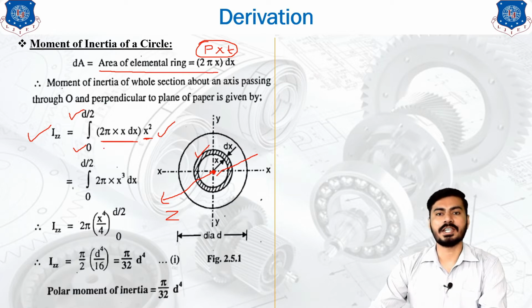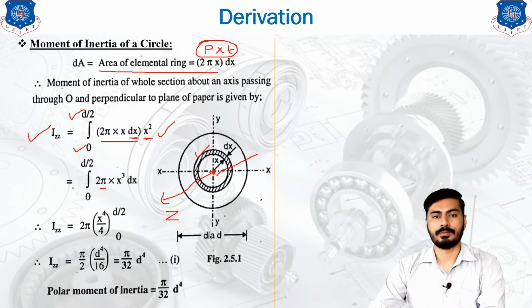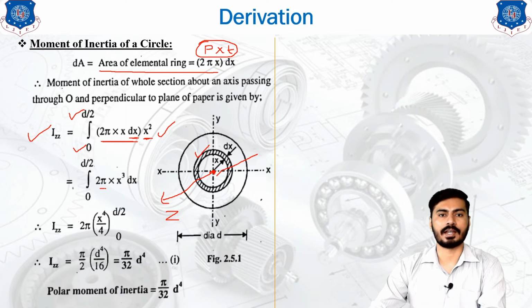Now identify the variable and the constants so that you can carry out the integration easily. As we can see dx over here, our variable is x and 2 pi will be our constant. If you keep these constants out of the integration, you will have to integrate x cube, and the integration of x cube is nothing but x raised to 4 by 4.